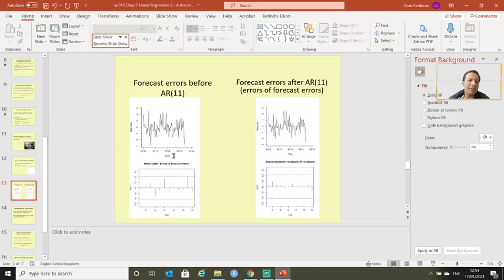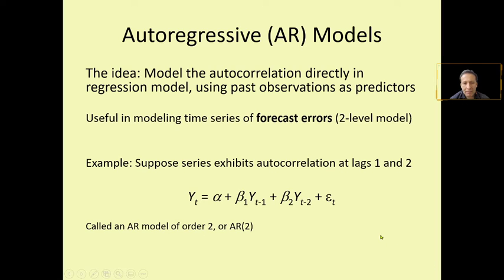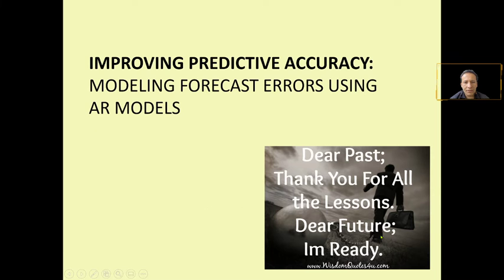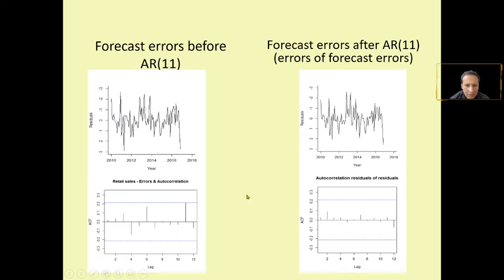So here we have the forecasted errors before AR. As you can see, we still have here in this place of the regression some issues of autocorrelation.